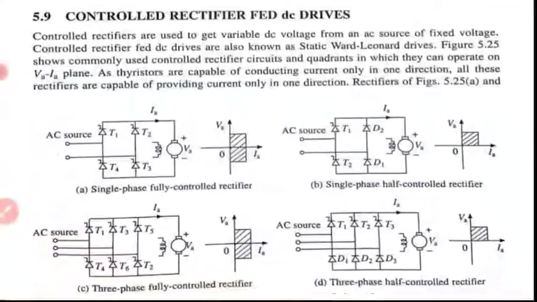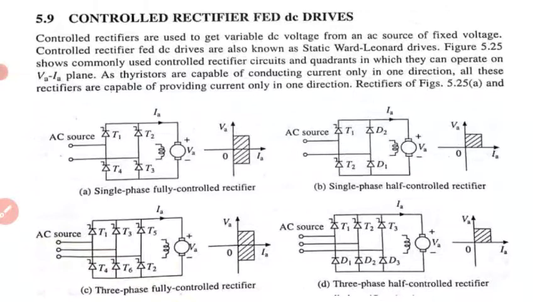Here the conclusion is: single phase fully controlled rectifier operates in two quadrants, first and fourth, whereas single phase half controlled rectifier operates only in one quadrant, that is the first quadrant. Similarly, three phase fully controlled rectifier first and fourth, and three phase half controlled rectifier first quadrant.